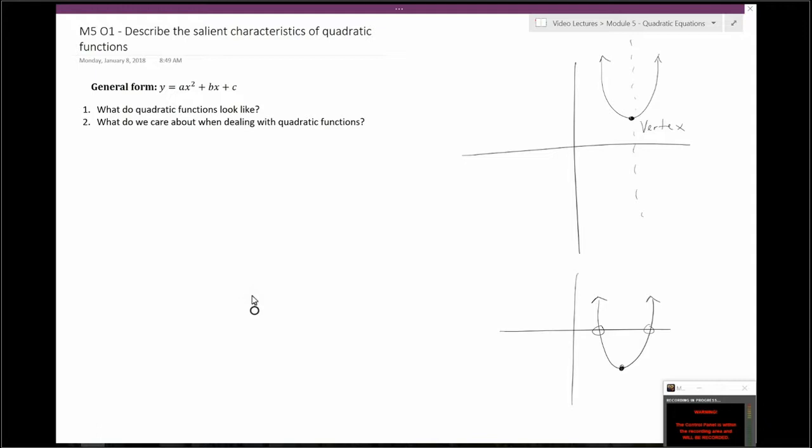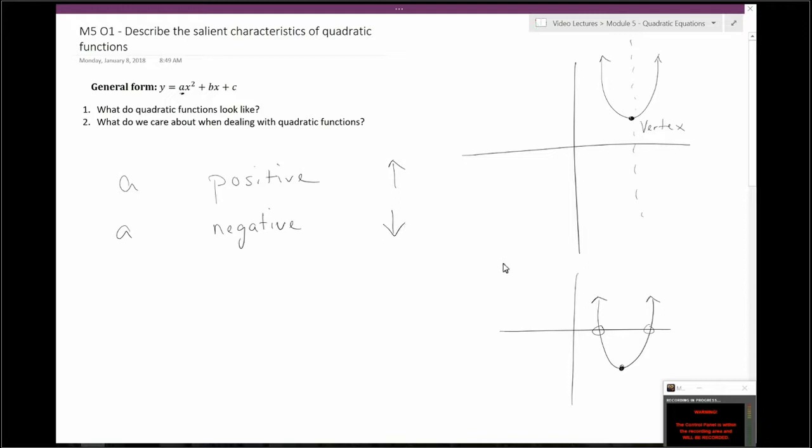One last thing before I move on. This number a is going to determine 2 things for us. If it's positive, the quadratic function will point up, like our 2 examples over here. But if a is negative, it'll point down.